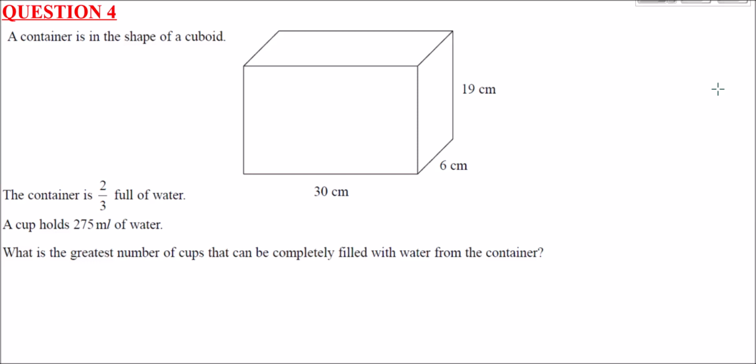So, first of all, we need to recall how to work out the volume of a cuboid. A cuboid is a shoebox sort of shape, which this one is. The volume is always going to be the length multiplied by the width multiplied by the height.